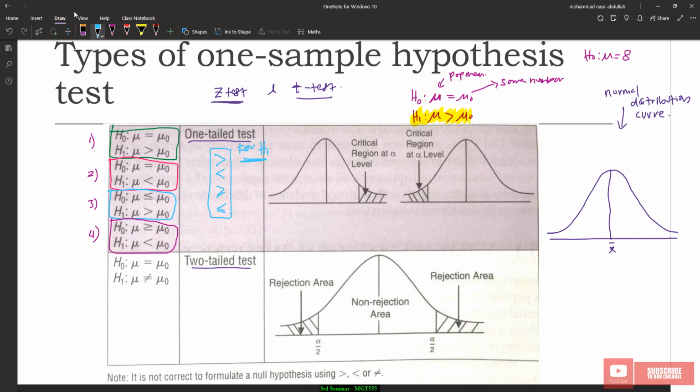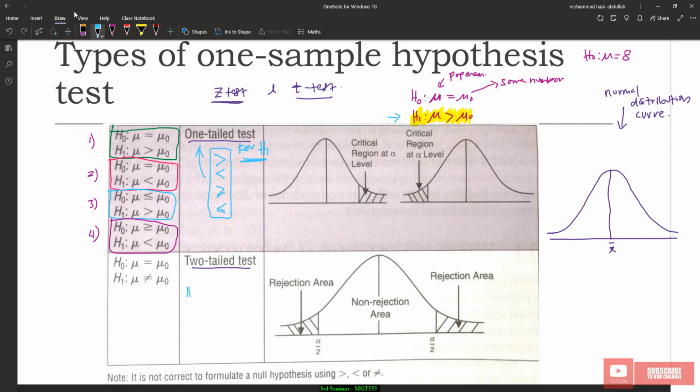Nah, ulang sekali lagi. So kita akan fokus kepada alternate hypothesis. Alternate hypothesis, we look at the symbol that we want to use. Right? So kalau simbol dia more than, less than, more than or equal to, less than or equal to, it will lie under one tail test.